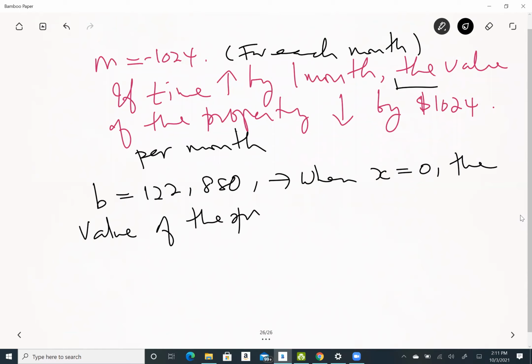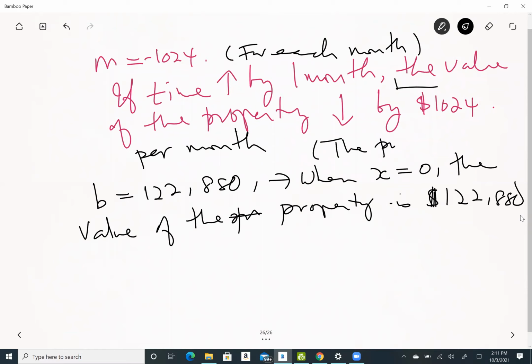The value of the property is 122,880. Or you can say when x equals 0, that means when it was bought, so you can say the purchase price, because it is where you bought it. The purchase price of the asset is 122,880.